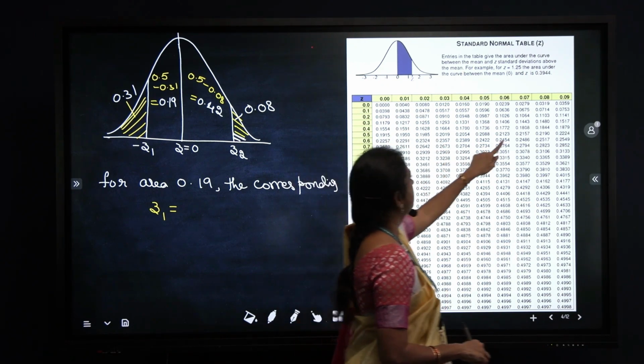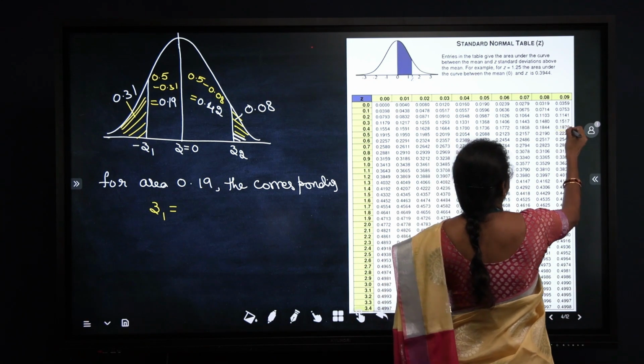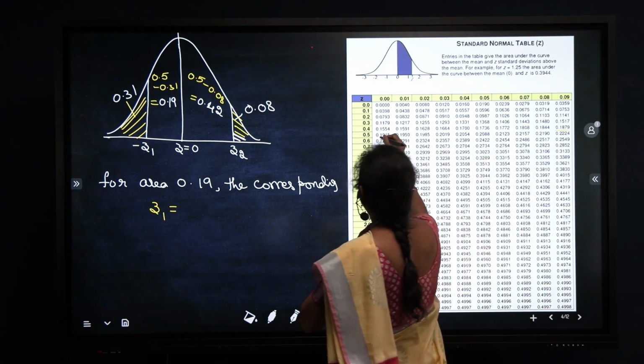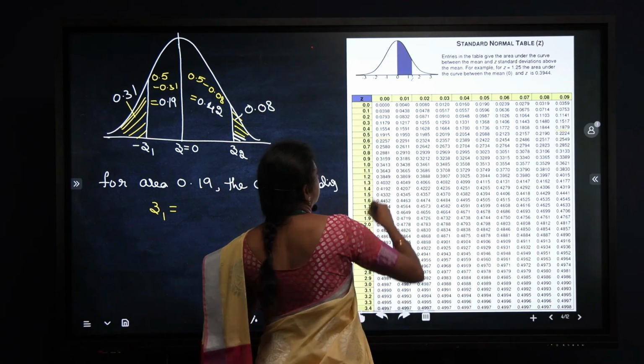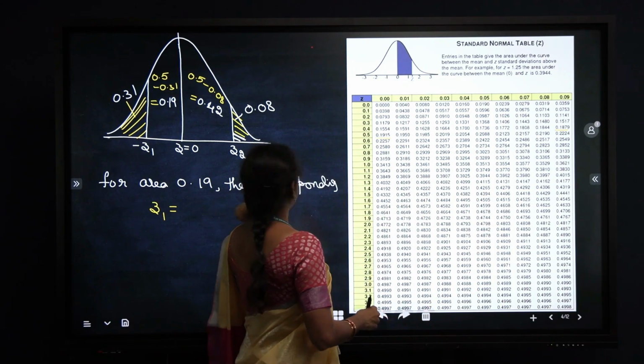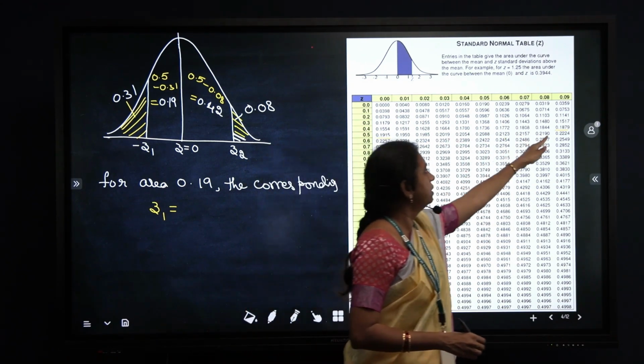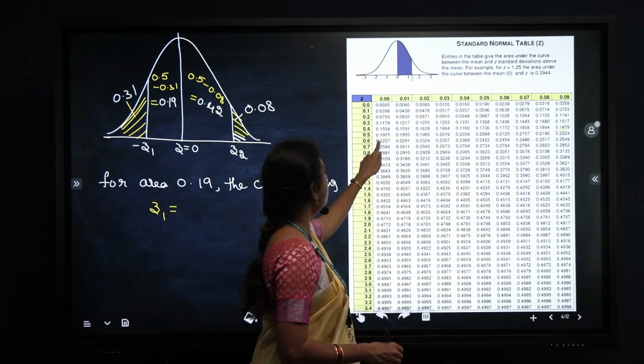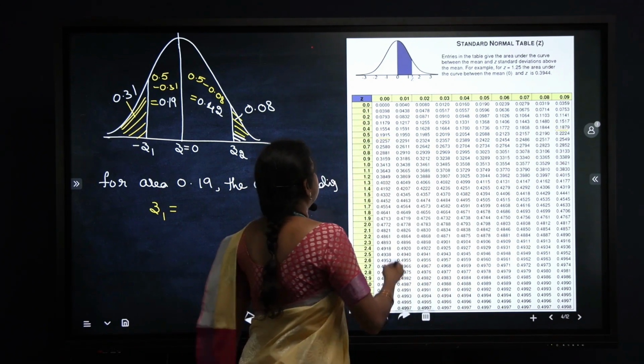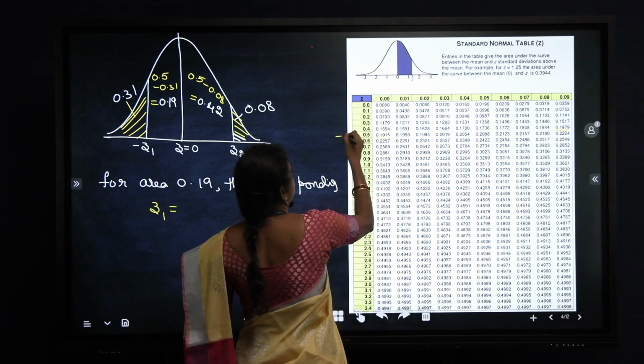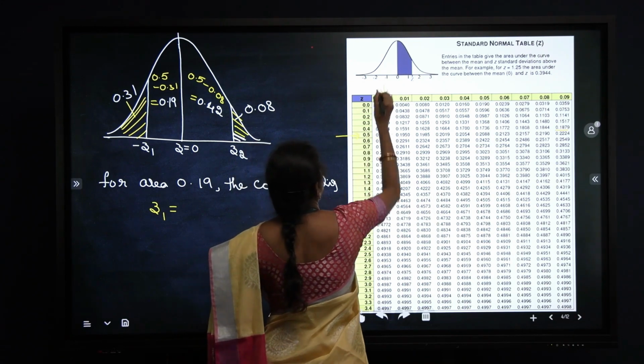Here it is: this is 0.1879 and here it is 0.1915. We can consider either of those because exact 0.19 is not there, so we can take the nearby value, 0.1879 or 0.1915. This is under z value 0.5 under 0.